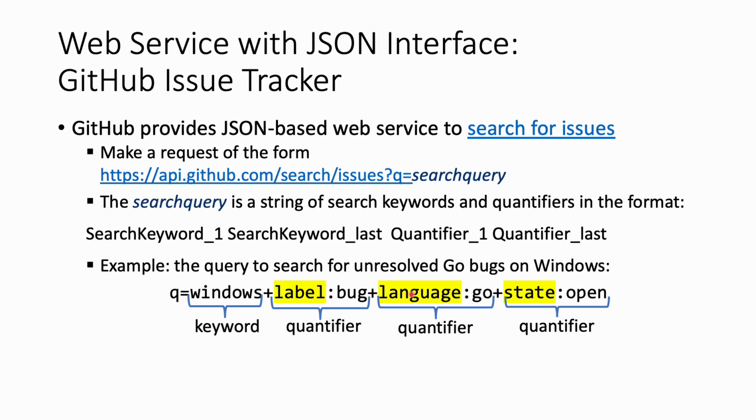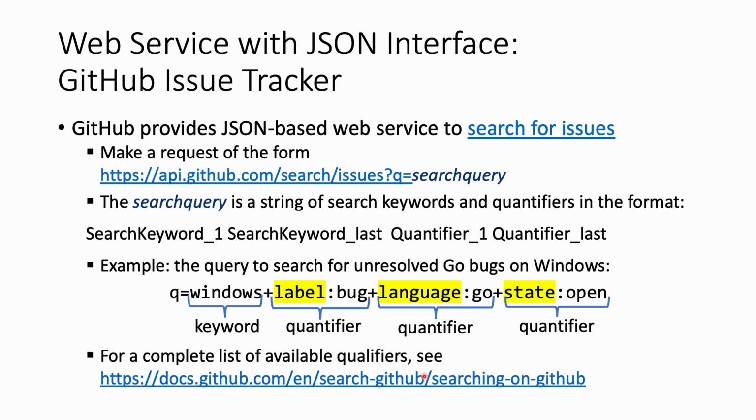The language:Go indicates the Go programming language. The state:open quantifier indicates that the issues are unresolved. Note that in the format of a search query, the keywords and quantifiers are separated by spaces. But when we embed the search query in a URL, the spaces are replaced with plus signs.